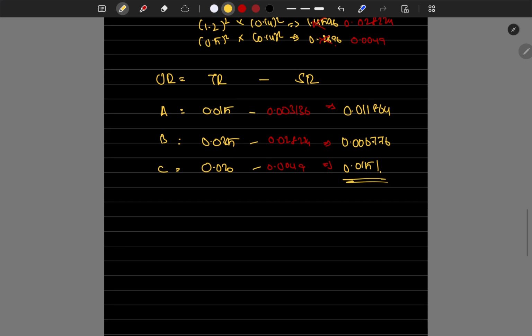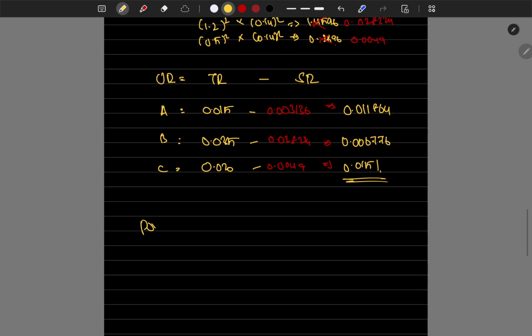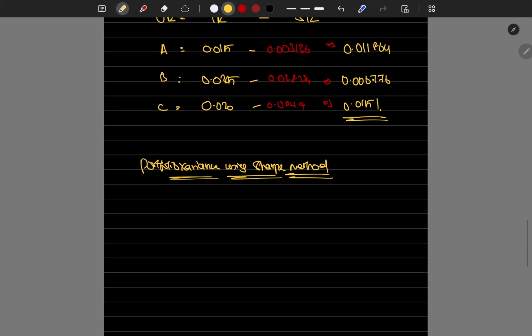Now we have to use this to calculate the portfolio variance using the Sharpe method. Now total portfolio variance is systematic variance plus unsystematic variance.